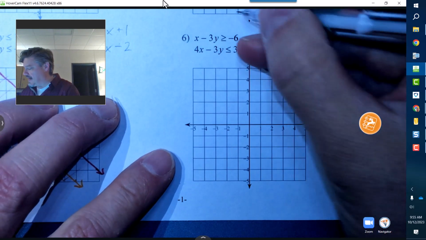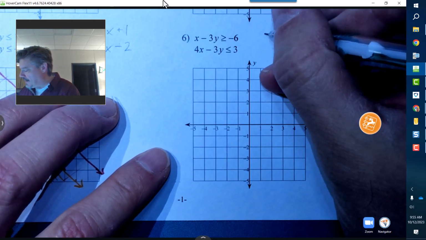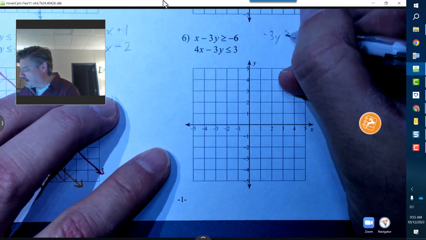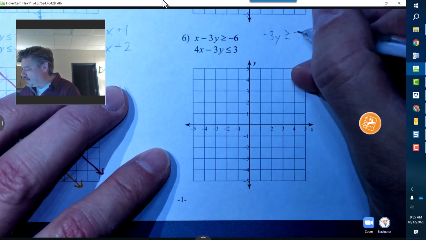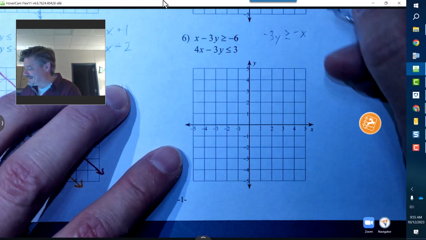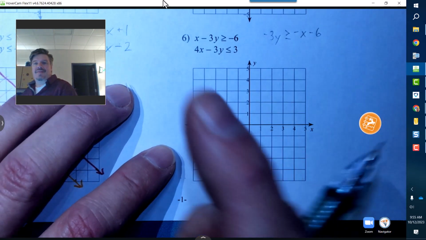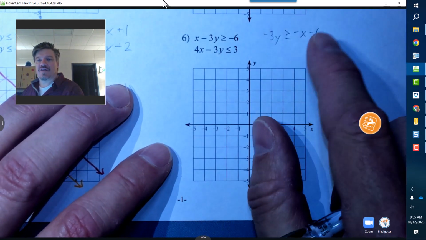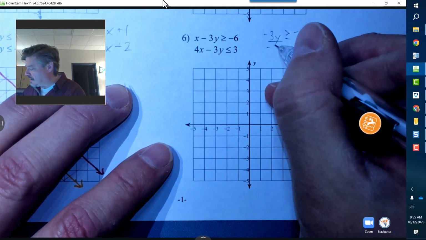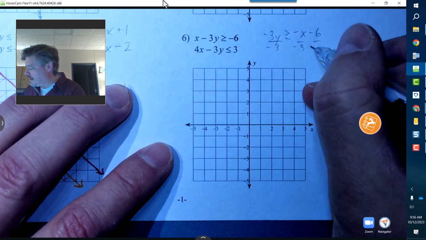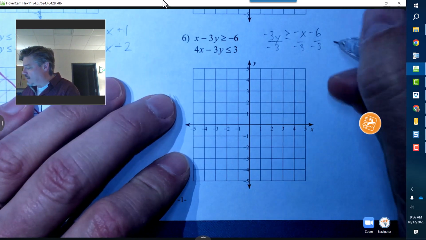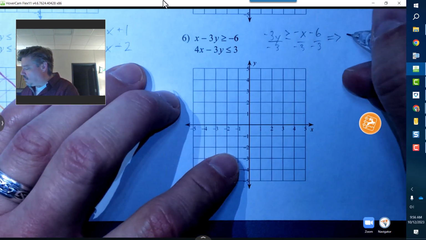All right, let's see what happens here. We're going to have to move these around. So we've got -3y. X is going to move over here for a -x, -6. Then I'm going to divide by -3, all of it. So now my new equation will look like y.